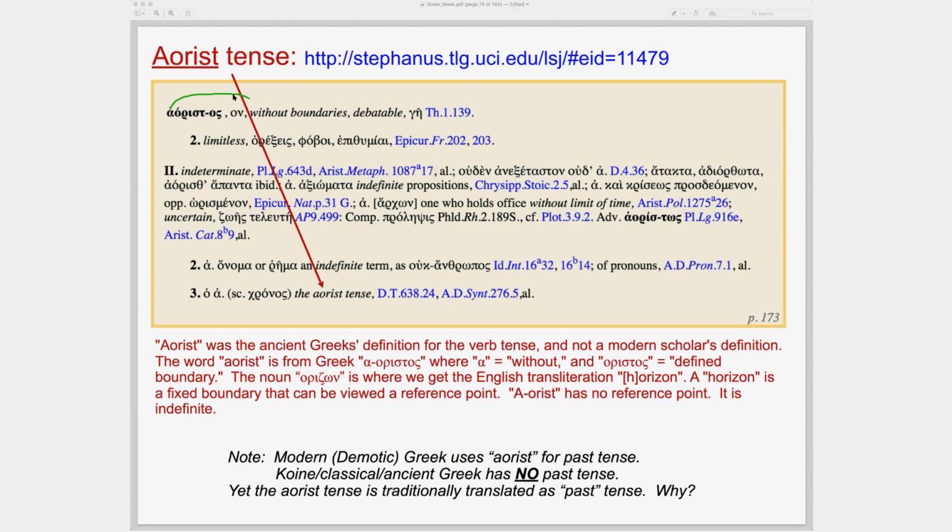A, without. Oristos, boundaries. Indeterminate. Indefinite. Without limit of time.